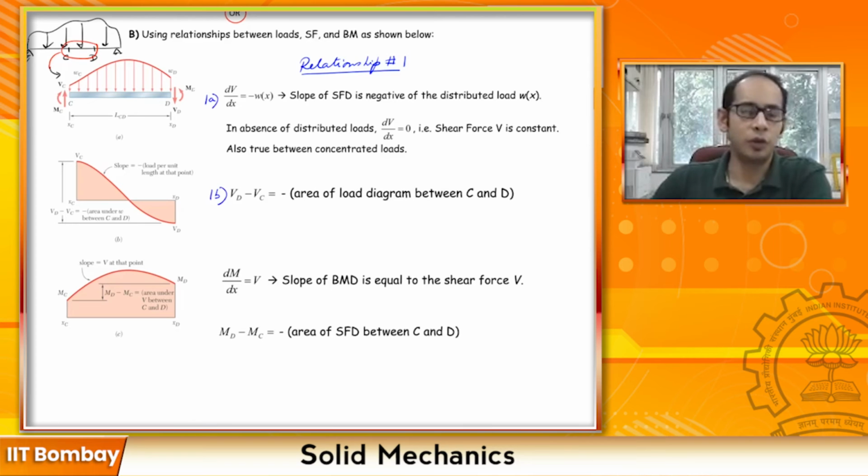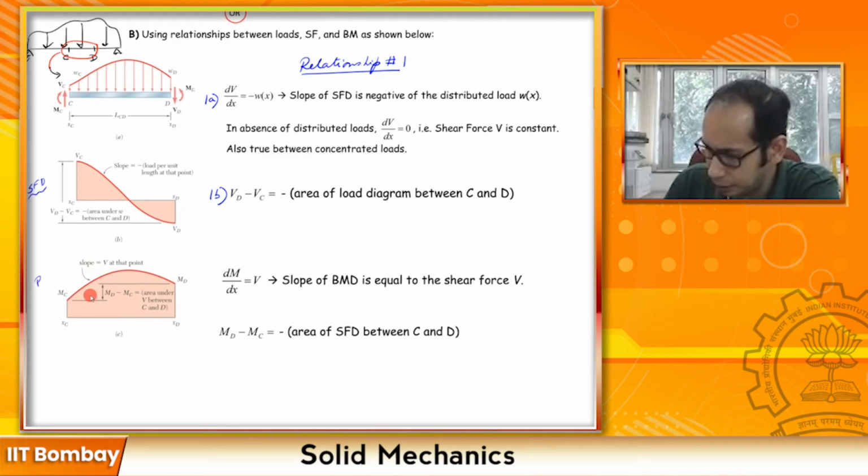So what we saw was that your dv dx, so you see here is the loading diagram, and corresponding to the loading diagram, in between the same 2 points C and D, you have the shear force diagram and you have the bending moment diagram. So let's just mark those as well. So this is our SFD and this is our BMD.